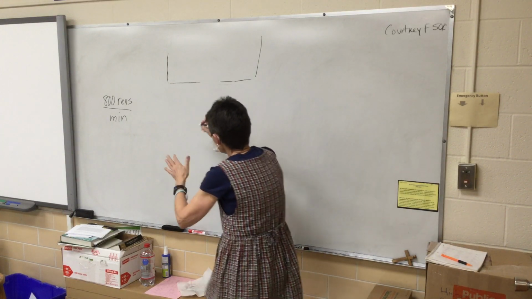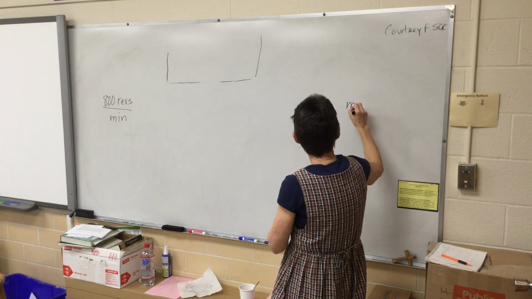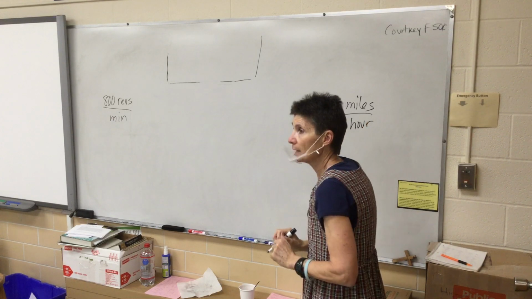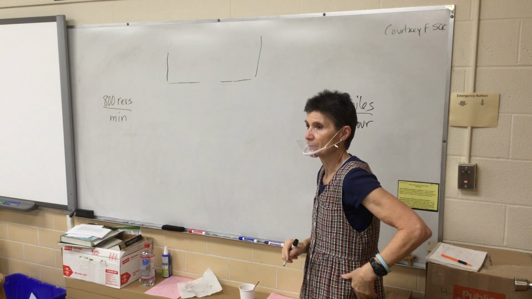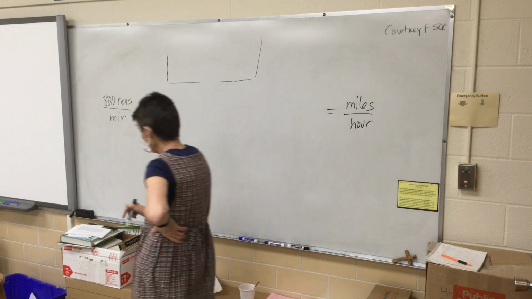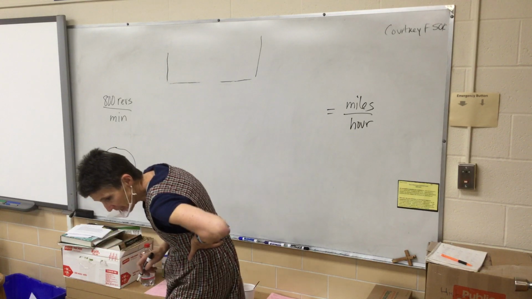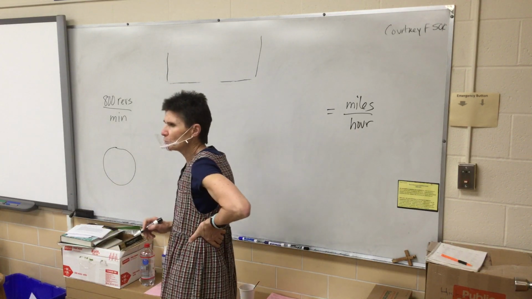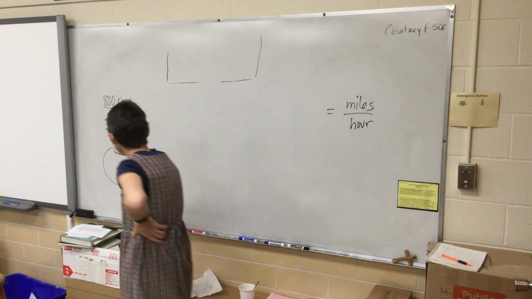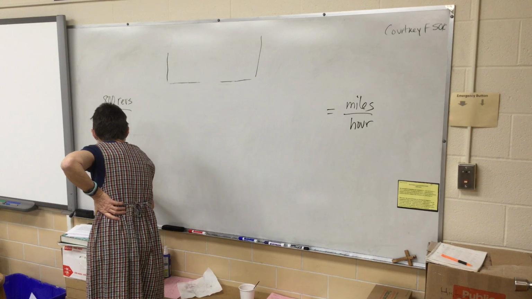So I'm going to do a whole bunch of stuff here, but I'm eventually going to end up with miles per hour. Okay, that's what's happening in the problem. Now, I have a wheel that has a diameter of 26.16 inches, which means its radius is 13.08 inches. Is that right?